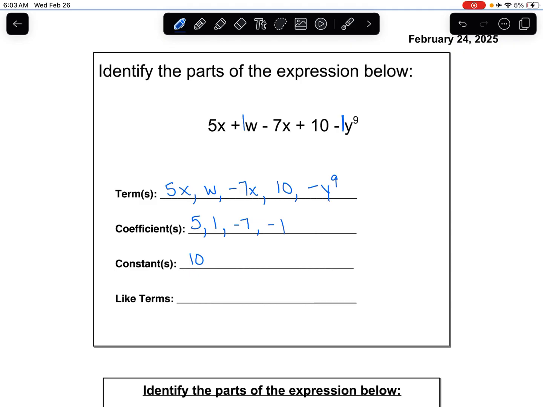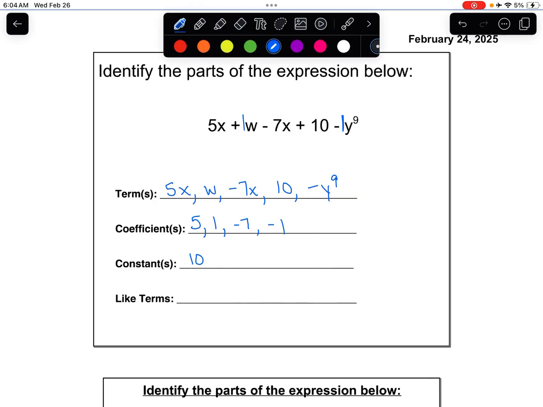All right, so now we're going to group our like terms. So we're just going to list which ones go with which. I'm going to do a little circling so that we can see them too, and I'm going to use some different colors because I think that's really helpful. So our x terms are 5x and -7x.